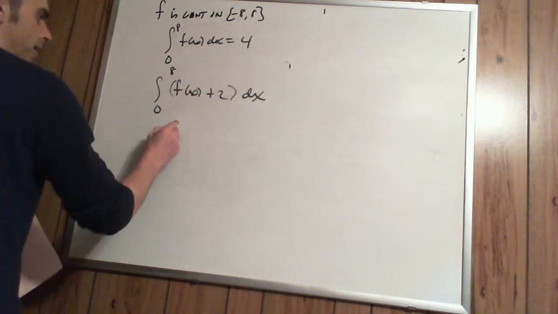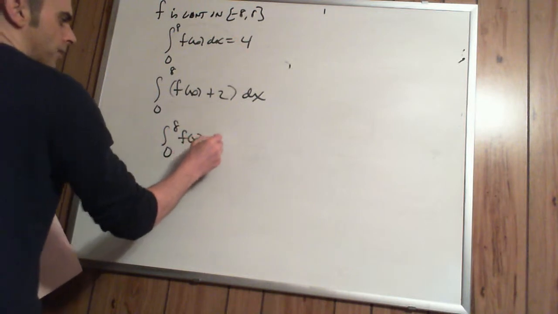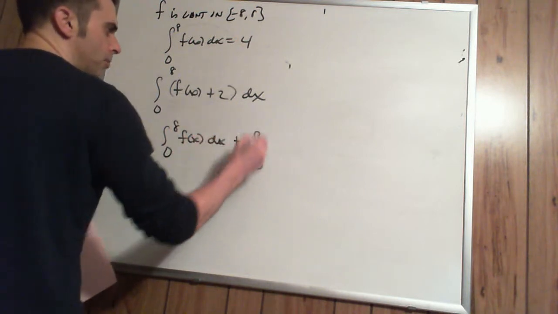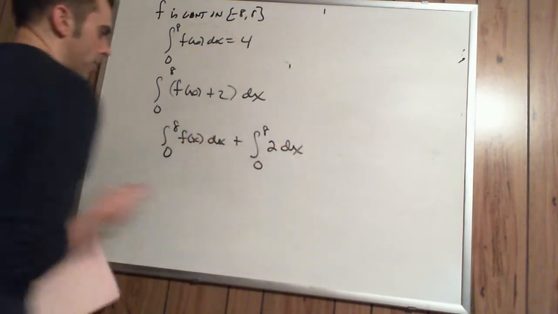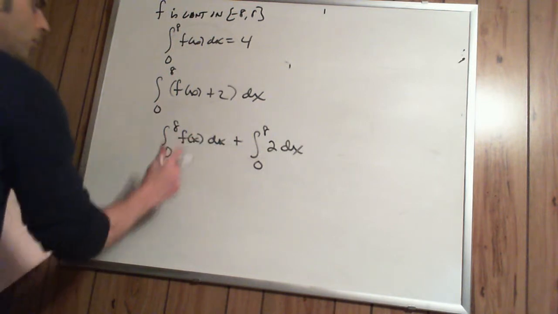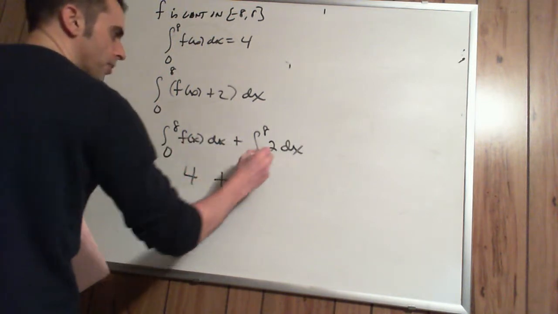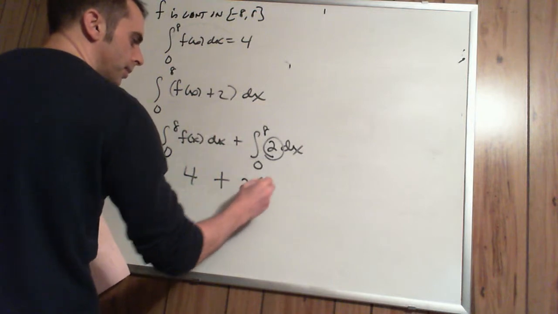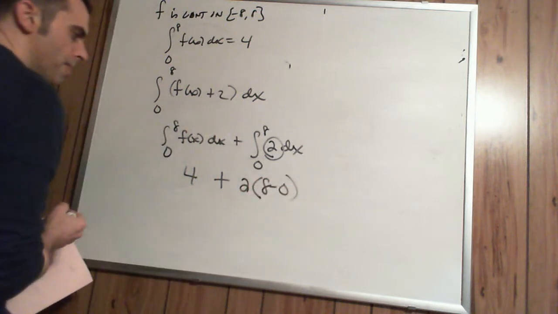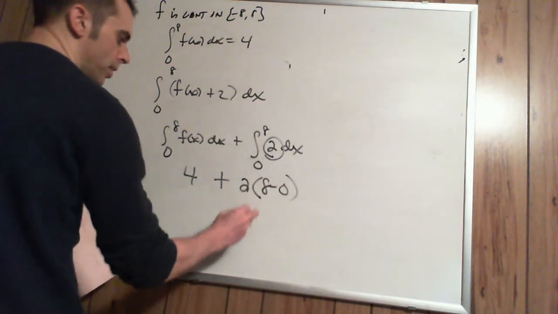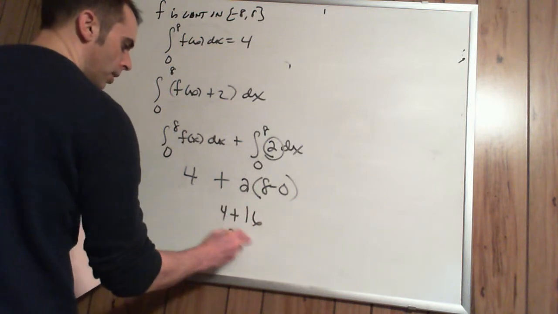Go from 0 to 8 of f of x dx plus the definite integral from 0 to 8 of 2 dx. So this answer is given to you as 4. So it'd be 4 plus, this is of a constant, times the upper limit minus the lower limit. And 2 times 8 is 16, plus 4 is 20.